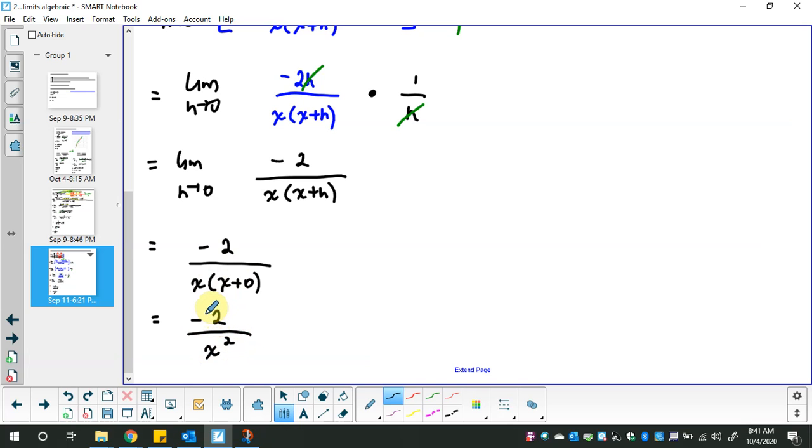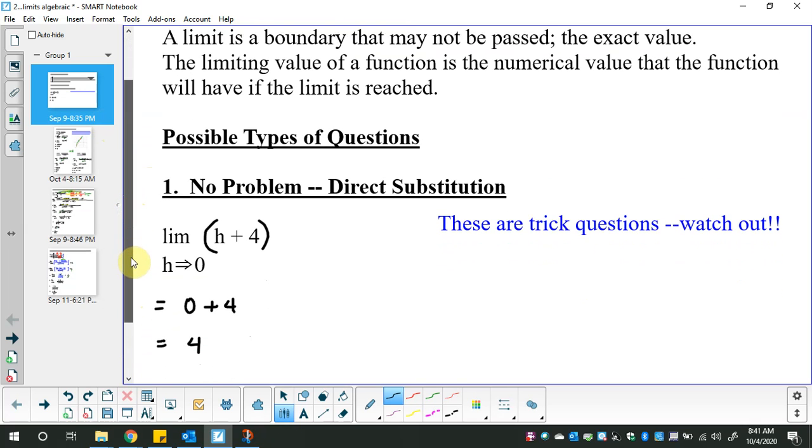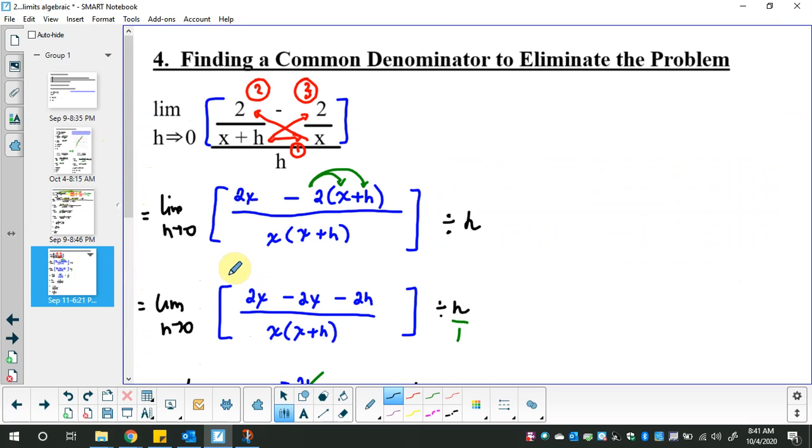So when we go on to do the next two, the last two lessons for limits, I need you to realize that one of these methods is going to come into play. It is likely not this one because the questions are normally larger, but I hope that you can look at the questions and say, oh, I see a fraction.